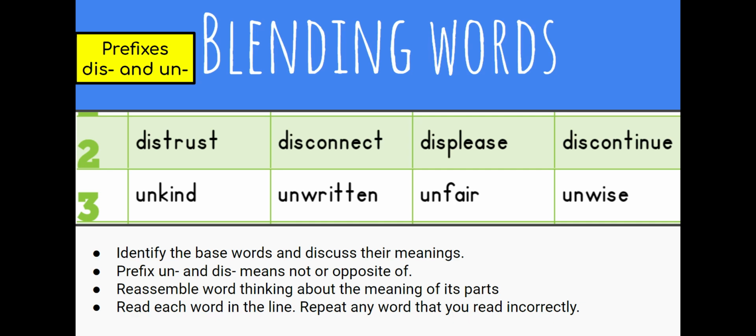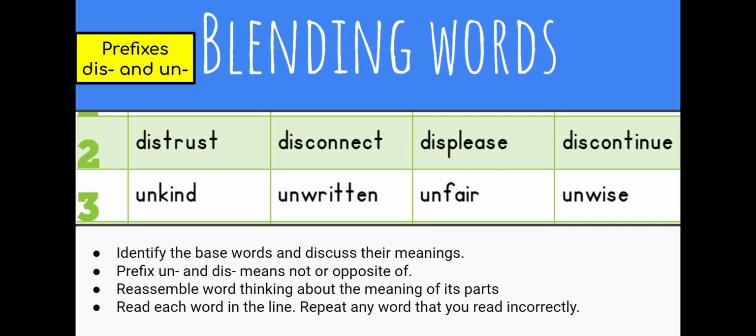Alrighty. So now that I discussed the meaning of the 4 words in line 2, I have to think, what does it mean when I add the prefix dis? So the prefix dis and the prefix un, they both mean not or opposite of.